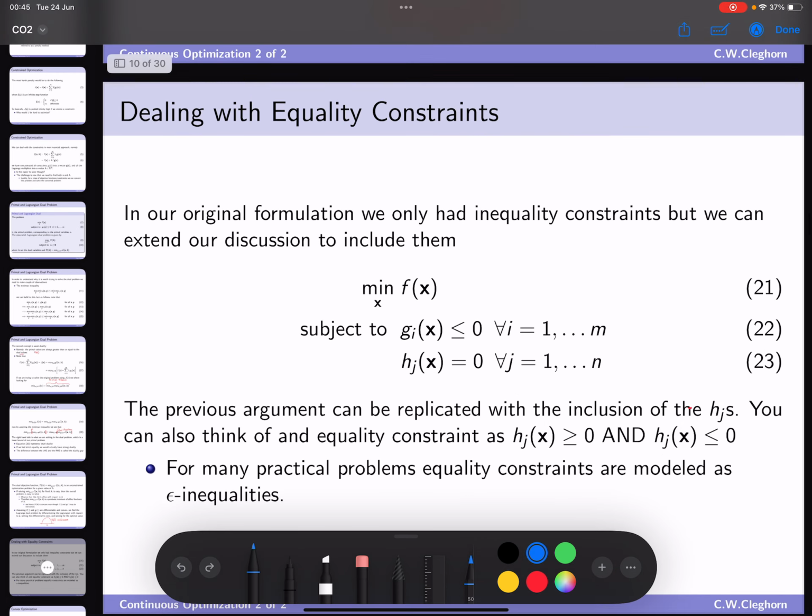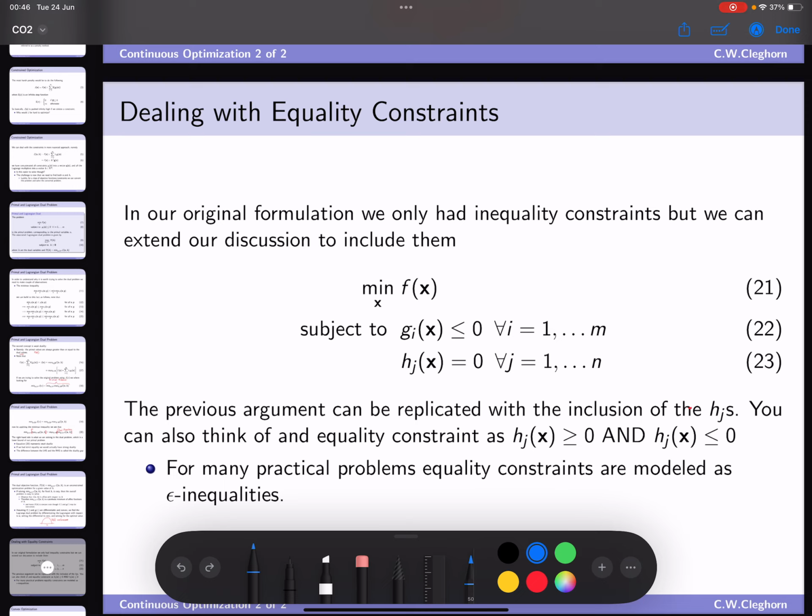And the one caveat just to mention before we move on is our original formulation only deals with inequality constraints. We have our gi's less than or equal to 0, but you can extend the discussion to include equality. That's the theme they're talking about here. You can include equality constraints, as you can see in the title. And so in this case, you have our hj equal to 0.